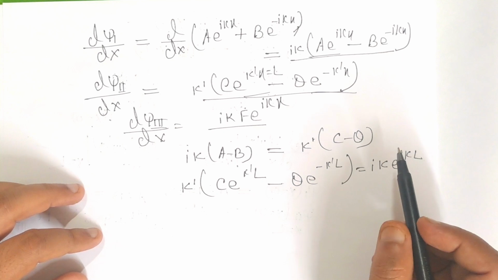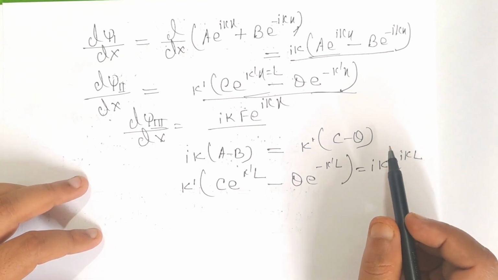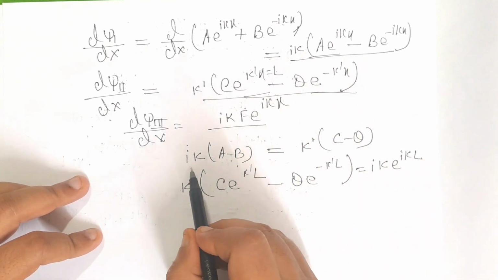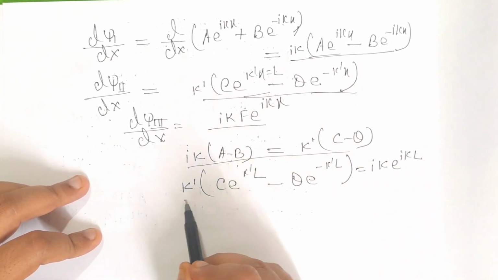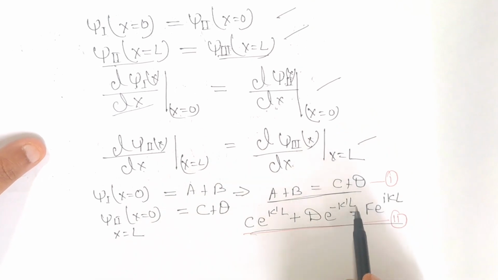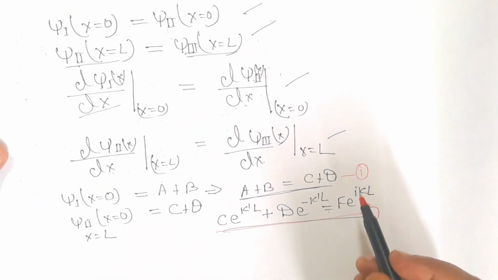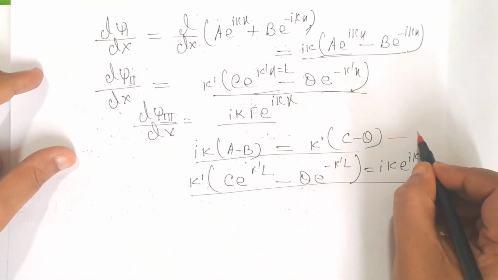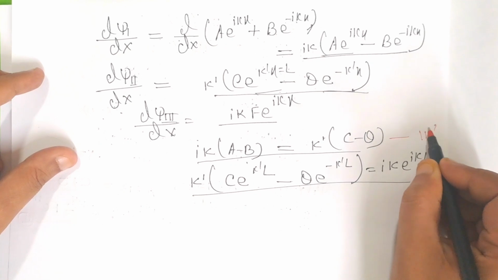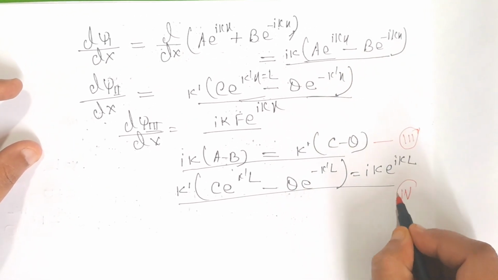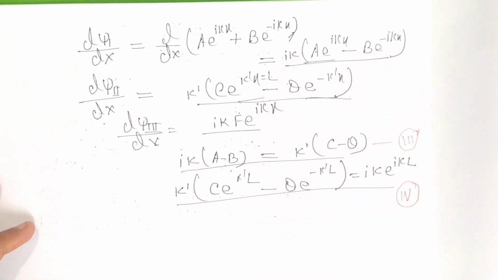So we have found a total of 4 equations, this one and this one and this one and this one. We can rearrange these things. This is equation 1, this is equation 2, this is equation 3, and this is equation 4.